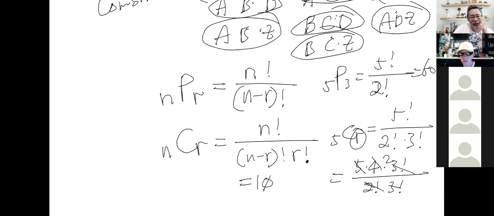Okay, let's have some examples so we can see the difference. We're going to do basically side by side permutation versus combination. Let's see. We're going to pick 4 out of 5 to make a team.